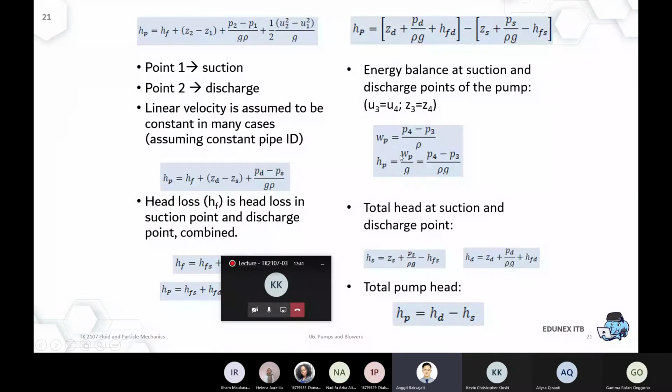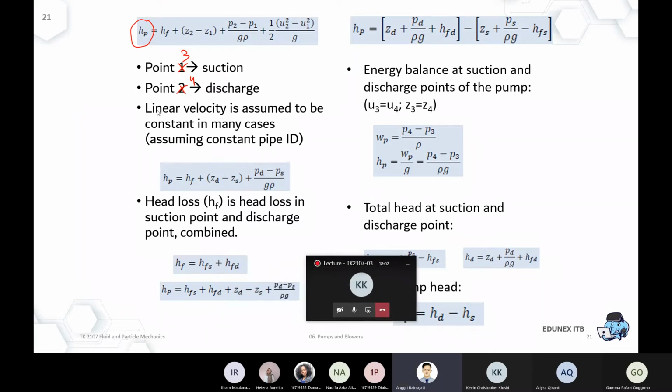Okay, so now this is the head of the pump calculation again. That's point 3 and point 4, because 1 is actually the source and 2 is actually the destination. We have to be consistent with that. So the linear velocity is assumed to be constant in many cases, assuming constant pipe ID.